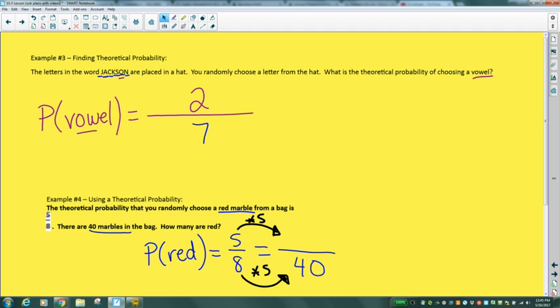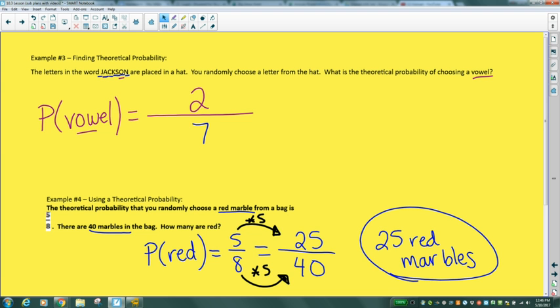Equivalent fractions. And 5 times 5 is 25. Which means the answer to my question, how many marbles are red if there are 40 marbles in the bag, is 25 red marbles. Because my fraction, 25/40, is equivalent to the theoretical probability of 5/8.